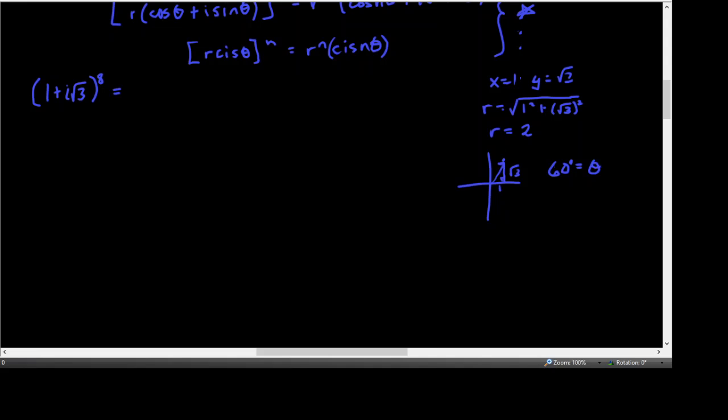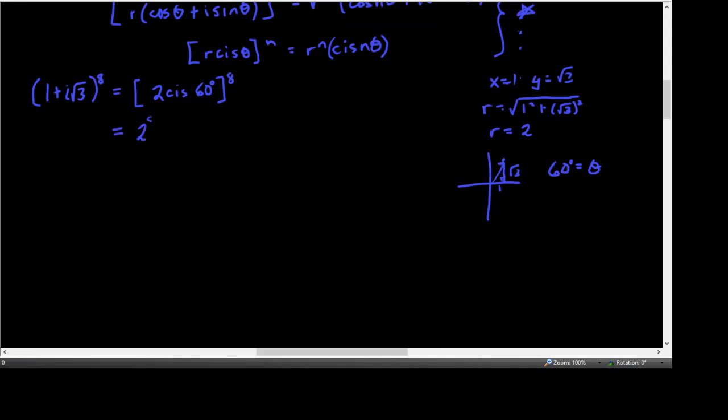So, therefore, we want to rewrite this in polar form. It's 2 cis 60 degrees raised to the 8th. So the first part of this is to convert the rectangular version of the complex number into its polar form, and then use the formula we just developed.